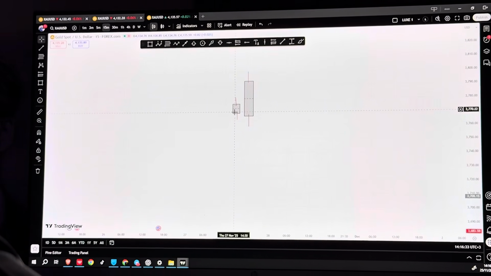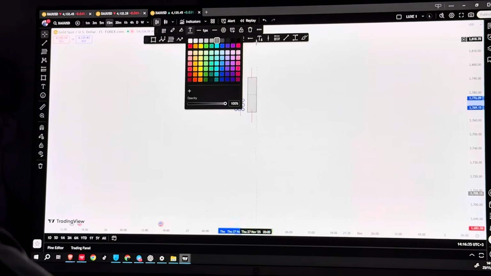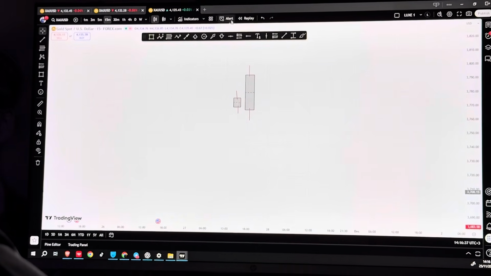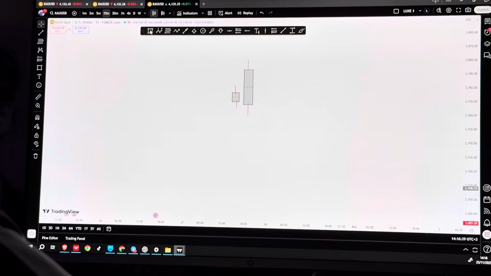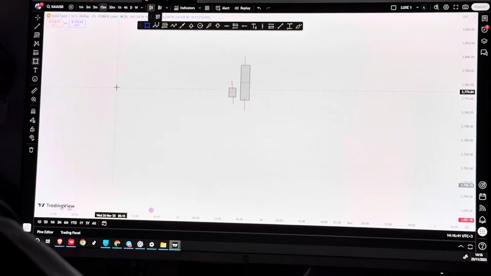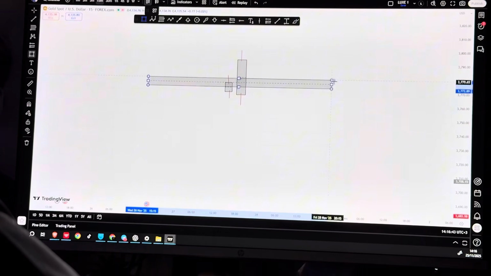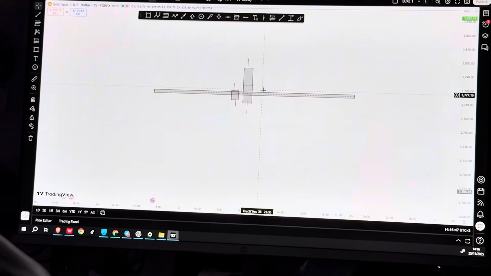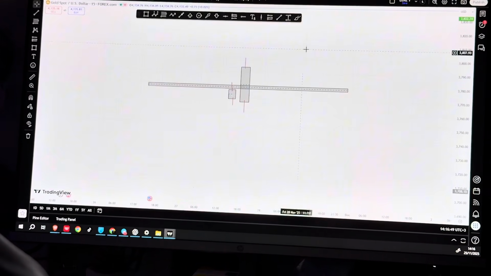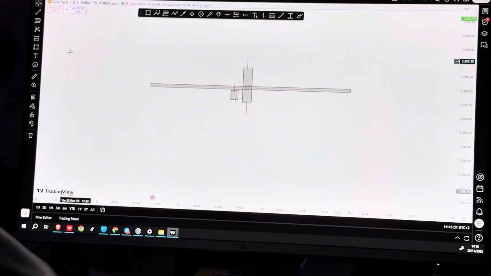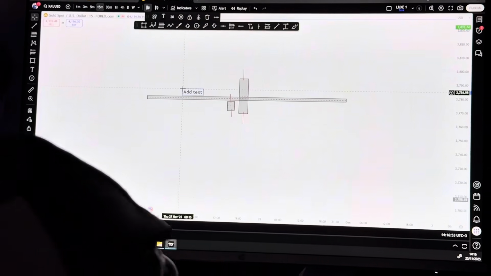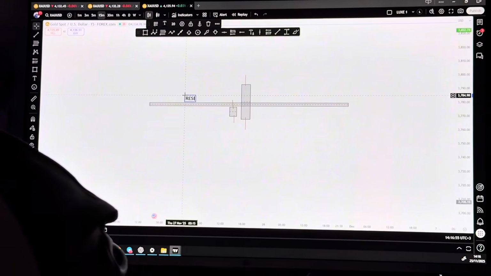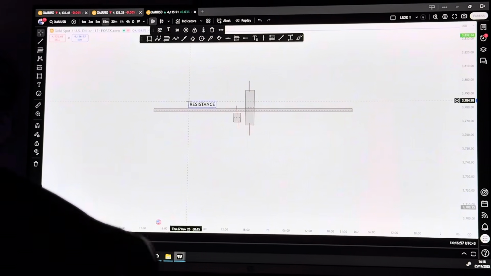Let me change the color, I want to use the red one. Here we had our resistance. This place is your resistance.